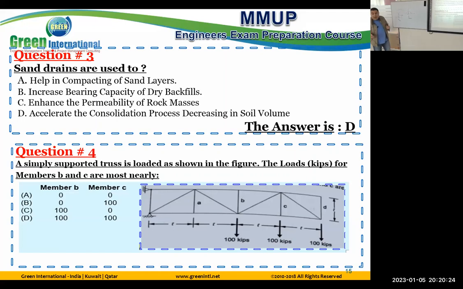Correct? Is this 100 compression or tension? Tension or compression? Tension. Remember C and 100.